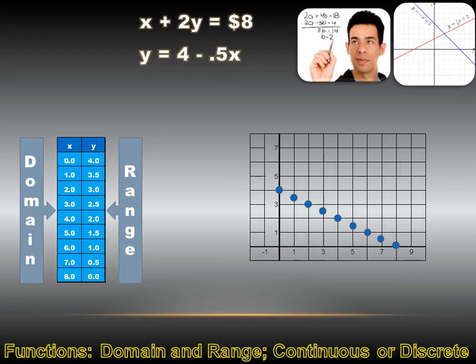If we graphed our x values and our y values, it'd look like this. When x is 0, y equals 4. When x is 1, y is 3.5.